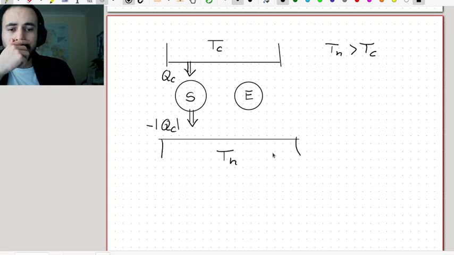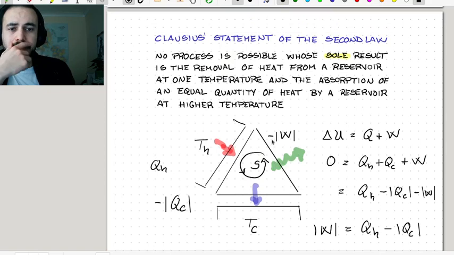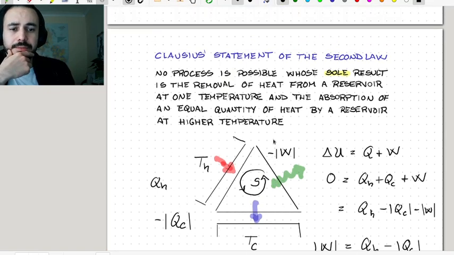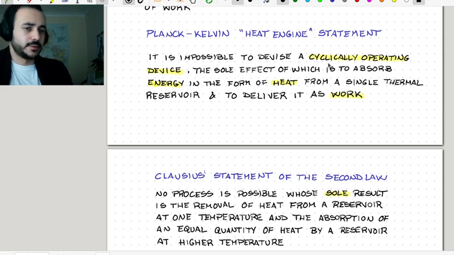Now, one thing that I did not say that is actually very important: when I talked about this Planck-Kelvin engine statement of the second law, it says that it is impossible to devise a cyclically operating device that can absorb energy in the form of heat from a single thermal reservoir and deliver it as work, which means that it is impossible to make an engine functioning only with one heat source. You need at least two.